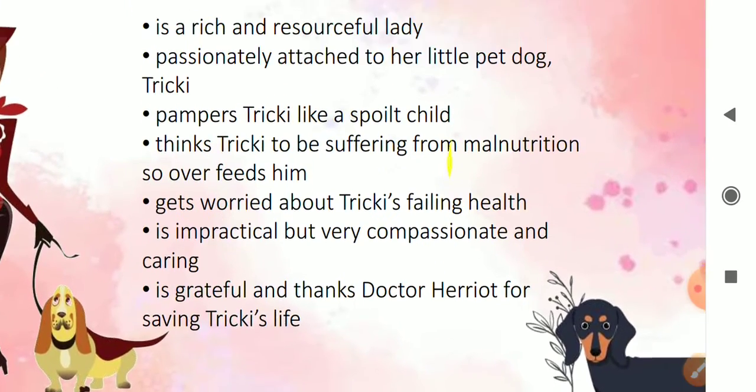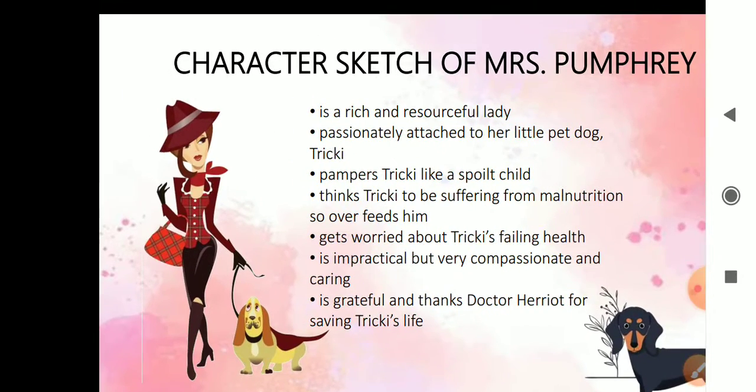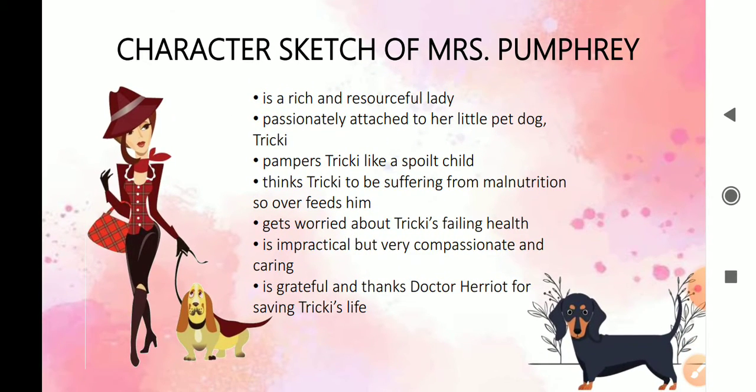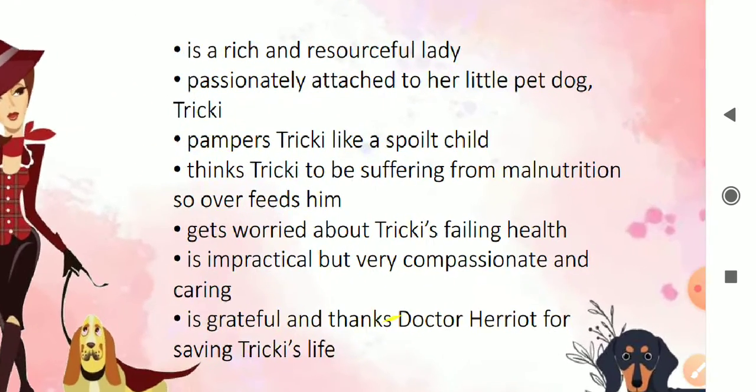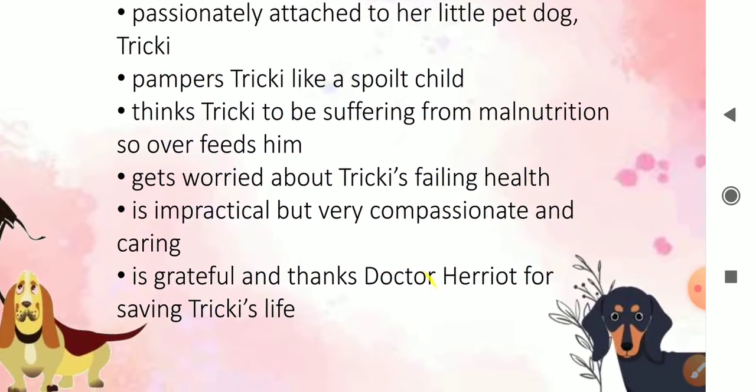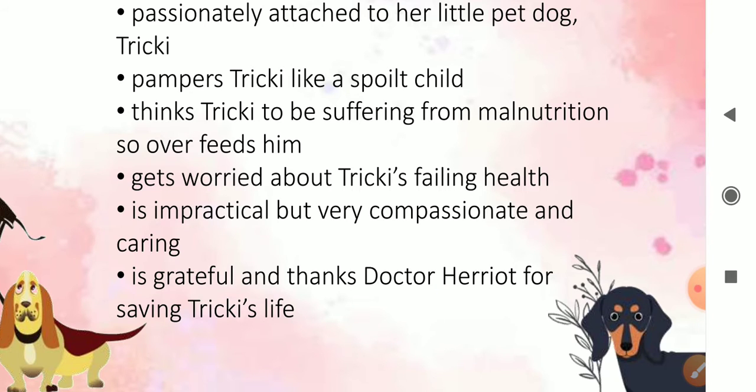Remember, Mrs. Pomfrey was the owner of the dog Tricky. She was a rich and resourceful lady, passionately attached to the little dog Tricky. She pampered the dog like a spoiled child. Tricky started suffering as she thought it was malnutrition and she overfed it.